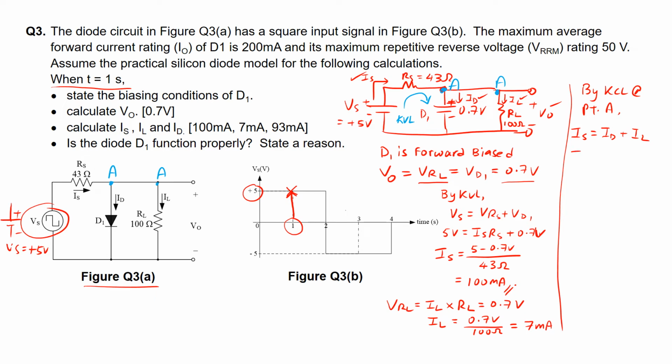From here we can rearrange the equation to give ID equal to IS minus IL. IS just now we have already calculated is equal to 100 milliamps, and IL here is 7 milliamps. So therefore ID will be 93 milliamps.